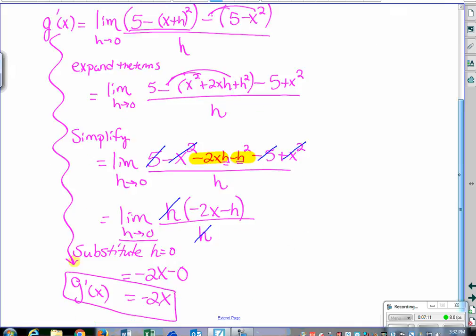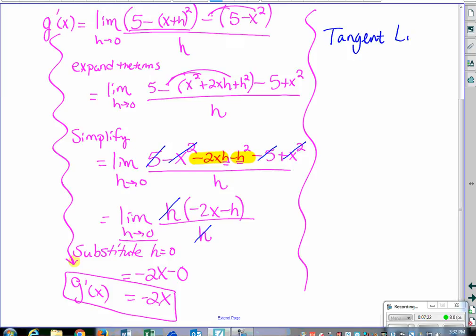So now we're into writing the equation of the tangent line. Let's switch colors here. Tangent line. So I'm going to take g prime of x, which was equal to negative 2x.